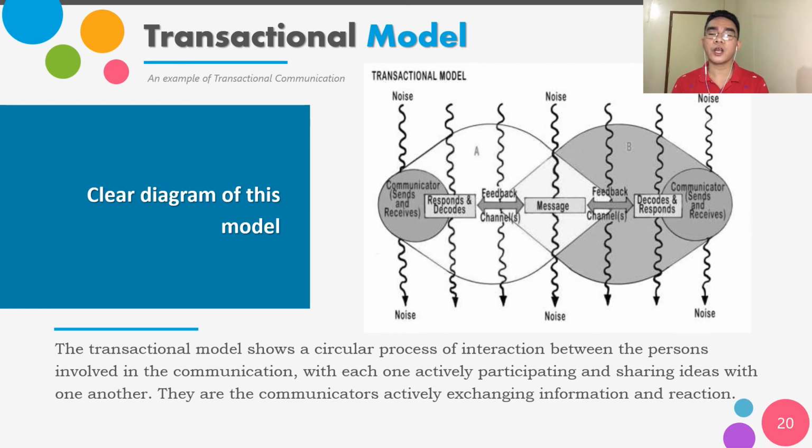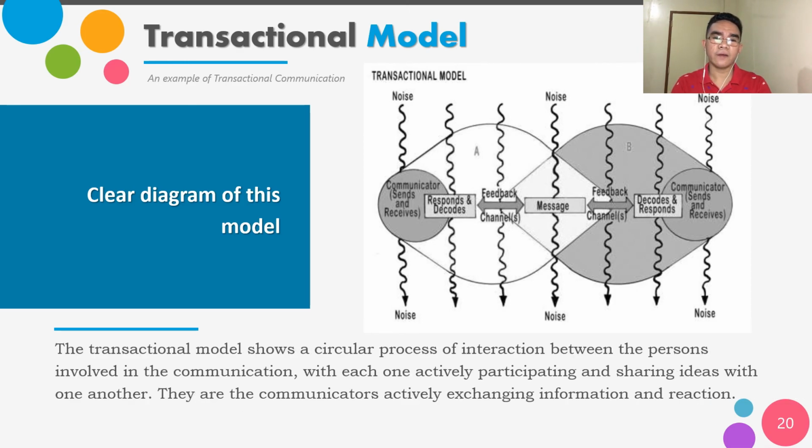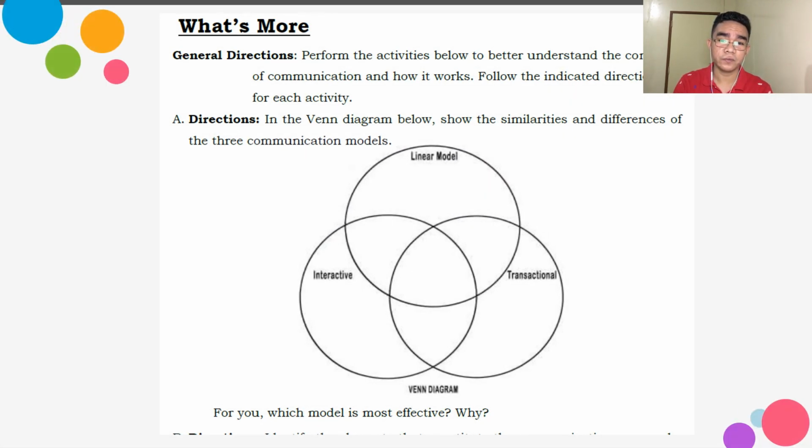Okay, so I hope you understand our topic for this week, and I'm expecting that everyone will be able to answer the following activities for this lesson. So you have to answer the What's More. There is a Venn diagram there, and you will show the similarities and differences of the three communication models.